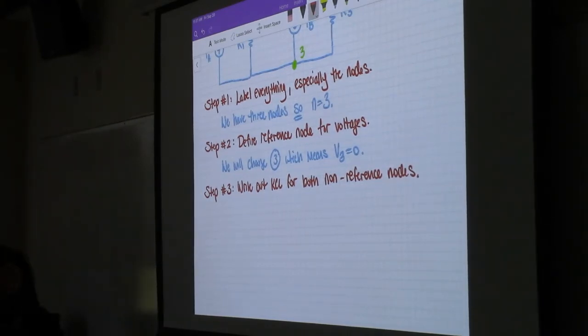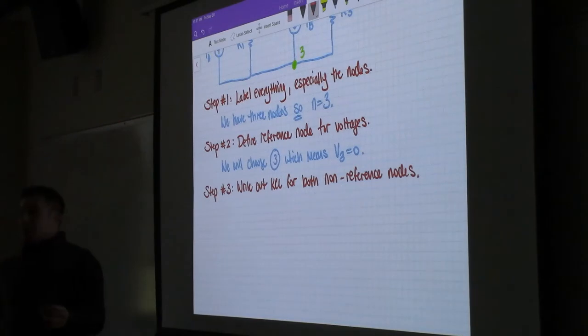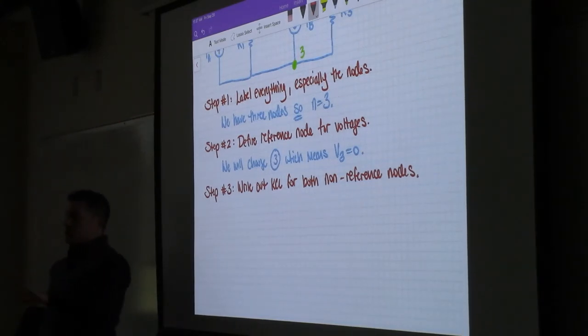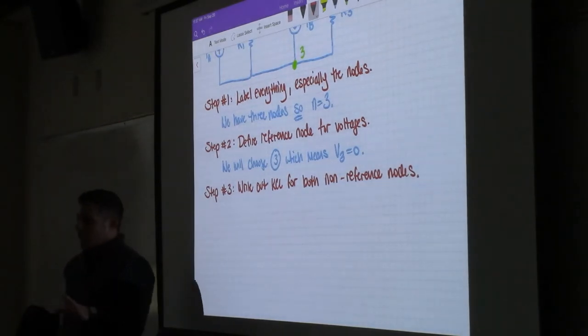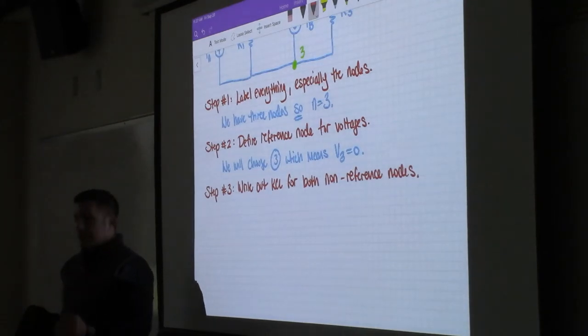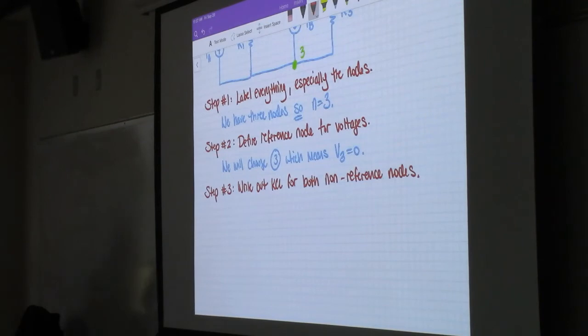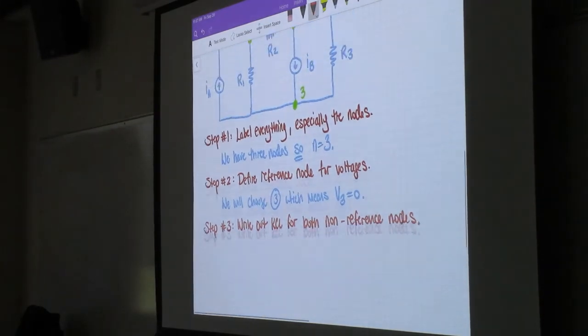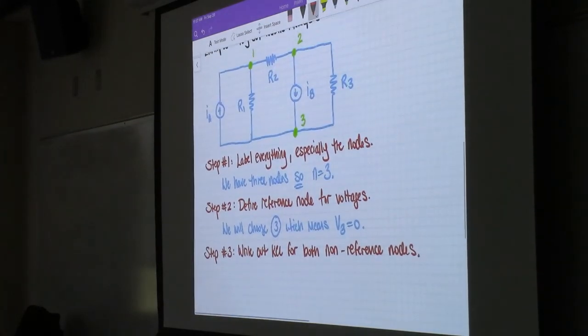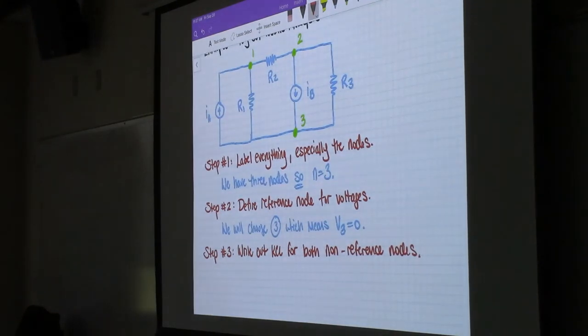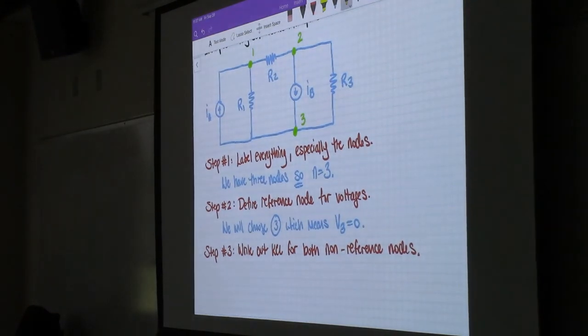And so now you're starting to see a little bit of the value of this nodal analysis. We're not questioning which equations we're going to use and how we're going to combine them. It's a pretty linear and methodical process that we take. So KCL for the two non-reference nodes is going to look like this.